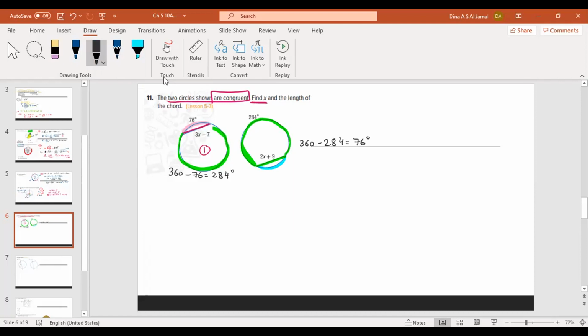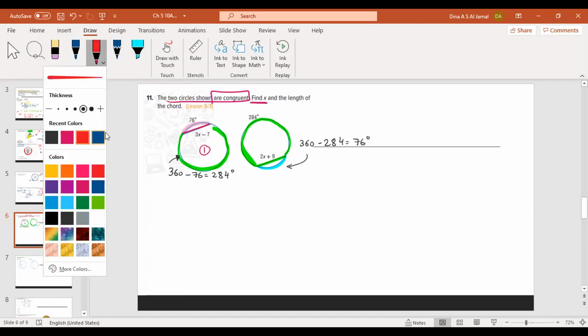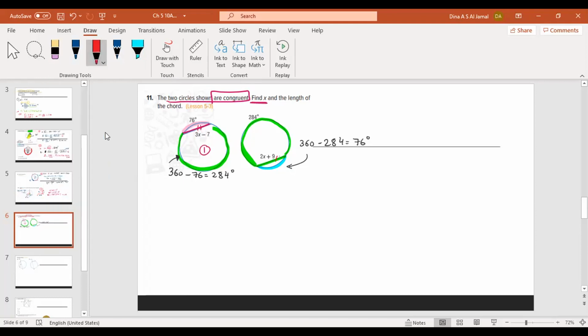Now, since you have two congruent circles and congruent arcs, the congruent arcs lead to congruent chords. So this chord will be congruent to this chord. That means they are equal in measure.